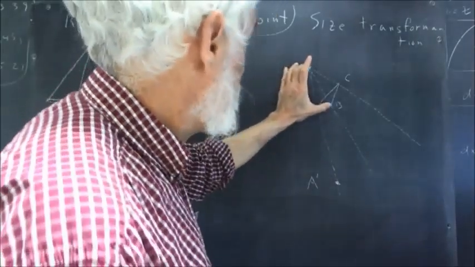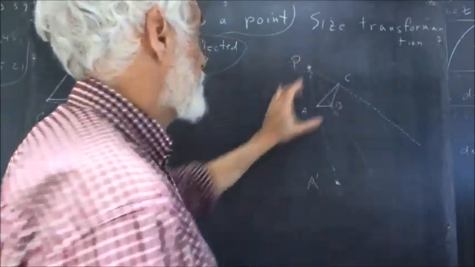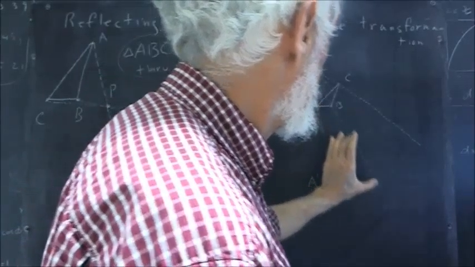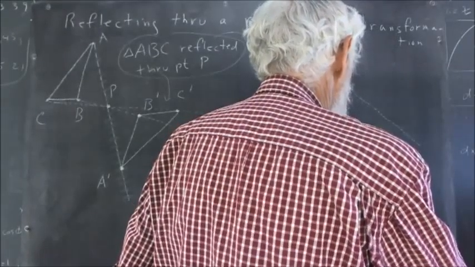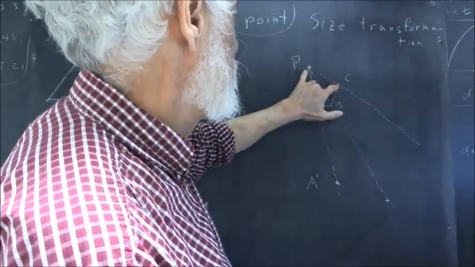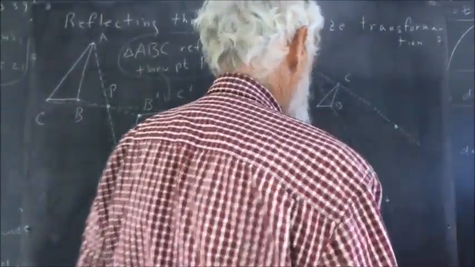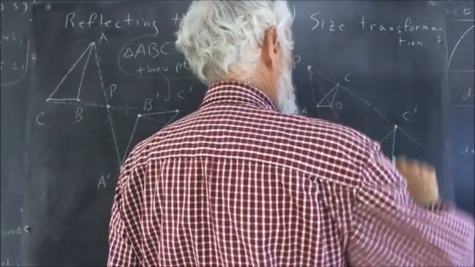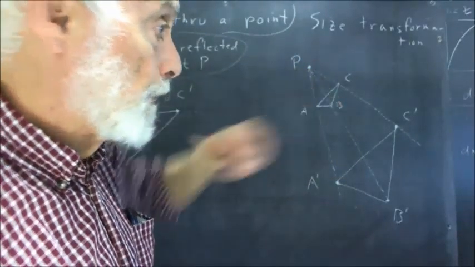We do the same with the point B. Let's call this point P. From point P to point B is this far. We go that far, and that far again puts us down about here. And then this distance to point C, again and again, puts us about here. So we got points A prime, B prime, and C prime. We connect them, and we've got an enlarged version of this triangle.